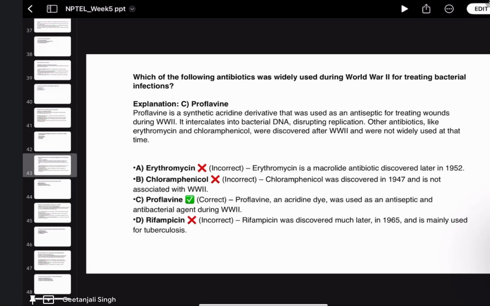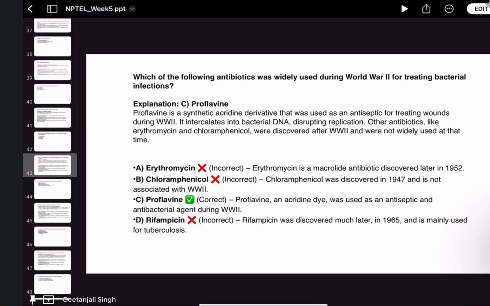Proflavin. It's a synthetic acridine derivative that was used as an antiseptic for treating wounds during World War II. It integrates into bacterial DNA, disrupting replication.